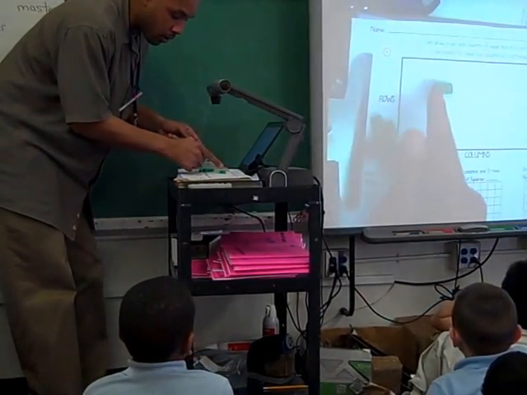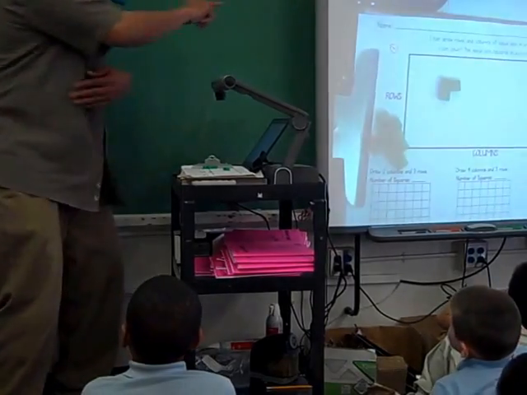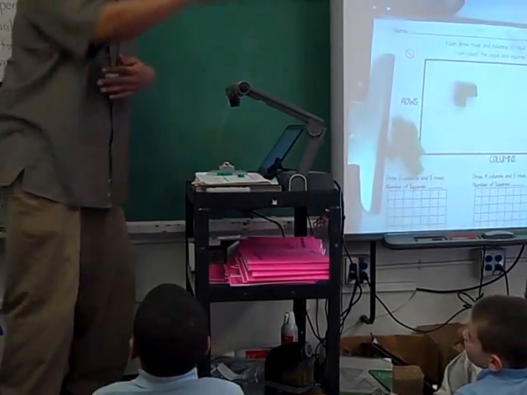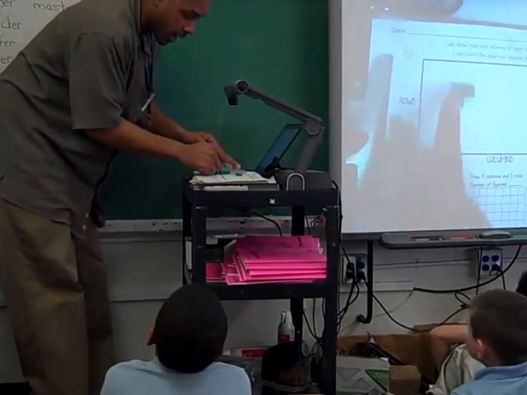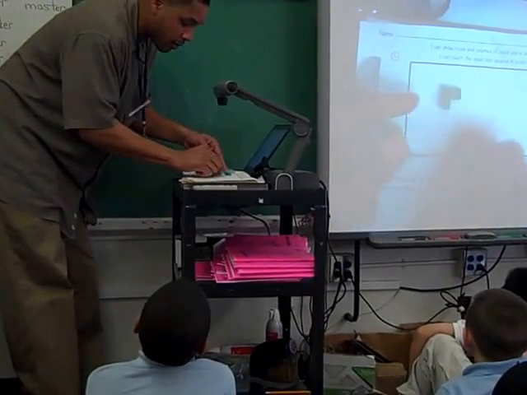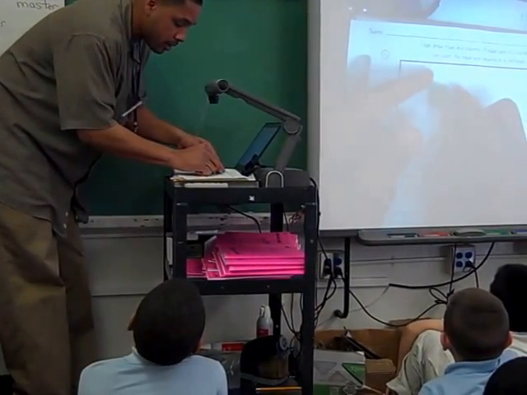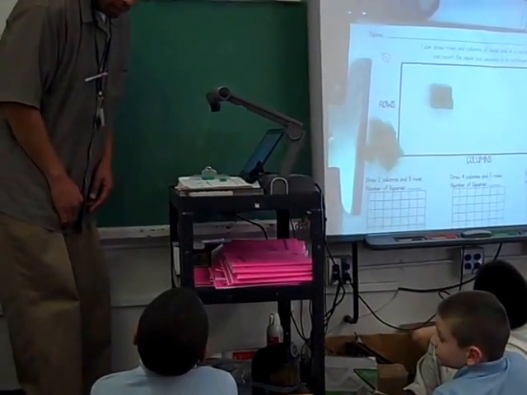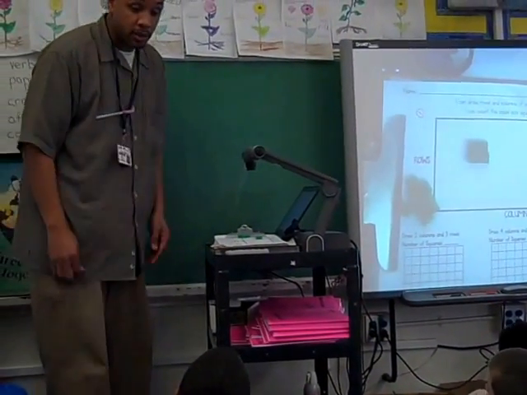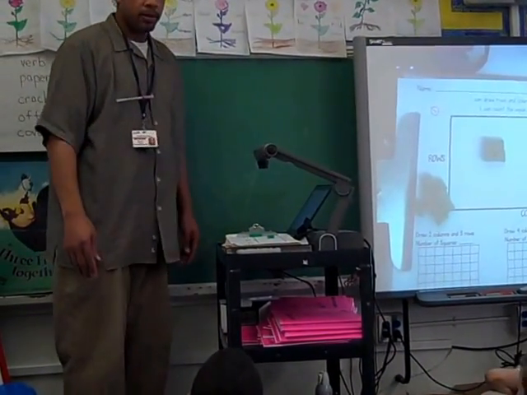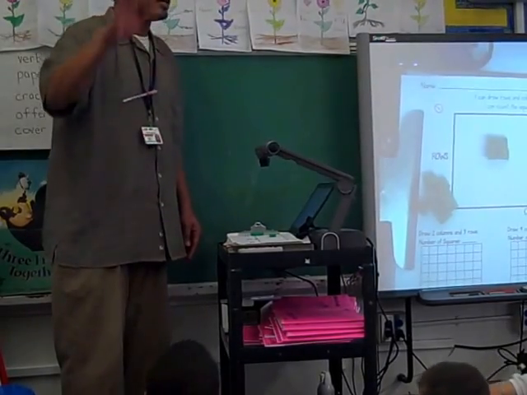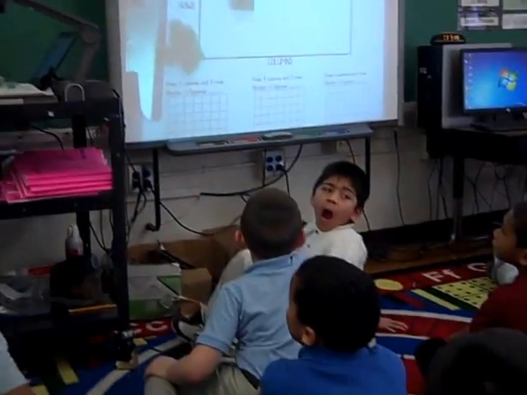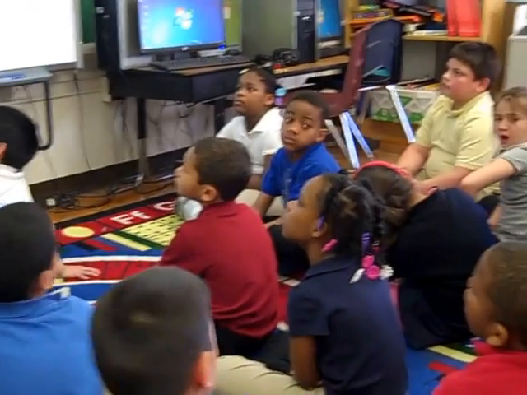So now I've got 2 rows going across, and I've got a column here. Then I'm going to fill in my rectangle and count the total number. What's the total number? 4. So if I ask you what's 2 times 2? 4. Got it? Who else doesn't understand what we're going to do? You don't understand? Everybody got it?